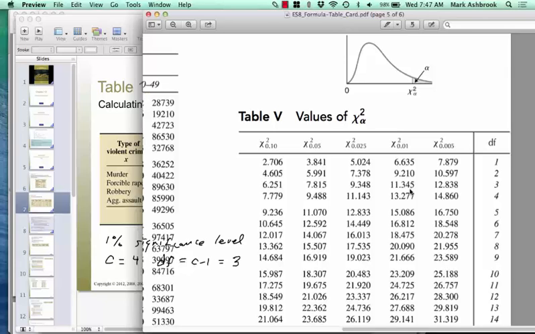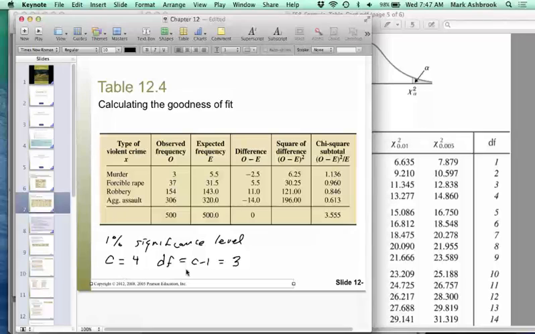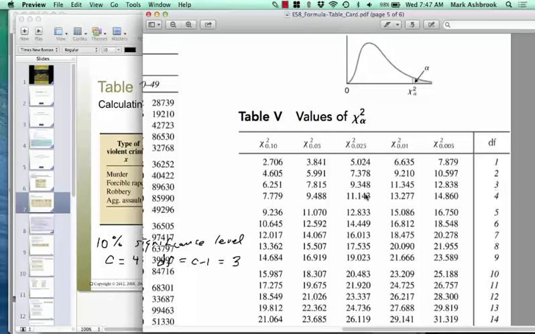Okay, let's change it to a 10% significance level. At a 10% significance level, with 3 degrees of freedom, we have 6.251.